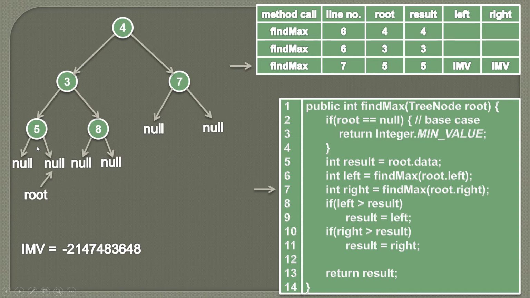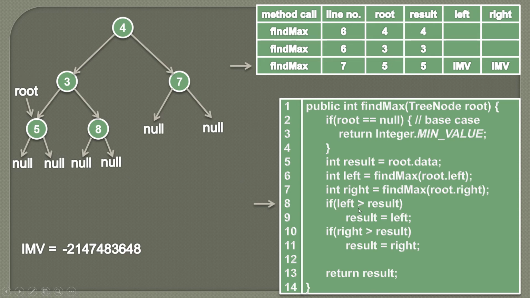So now root will again point to 5, and the execution will continue from here. Now we have got all the 3 values to compare: the root's value, the maximum value of its left subtree, and the maximum value of its right subtree. So now we can simply perform this comparison for this node.